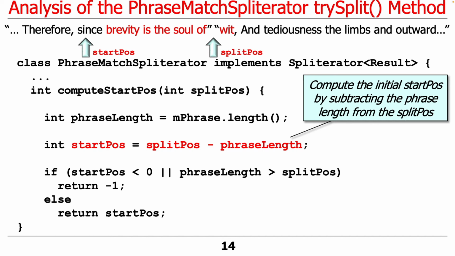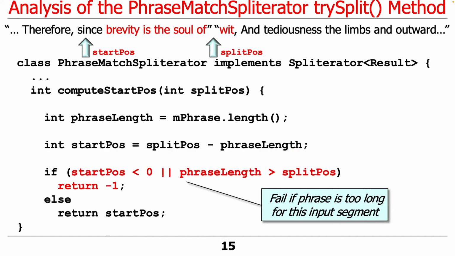It's the split pos minus the phrase length. And then we just do a little bit of sanity checking to see whether or not we even need to go ahead at all. And if the phrase is too long for this input segment, we're going to bail out and let it do searching with sequential streams, or with the sequential try-advance, rather than trying to split this up at all. Otherwise, we return the start pos.